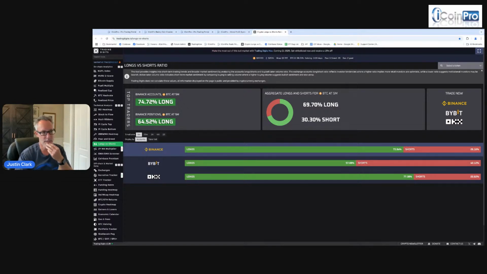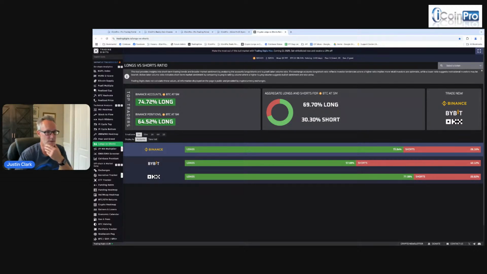And there's danger in that because when everybody knows which way we're going, sometimes the market likes to go the other way. And if it does, it can spell drama. Almost 74% of the people on Binance are betting Bitcoin's going up, and they're mostly using leverage, which means they're borrowing money to exaggerate their gains and their losses.